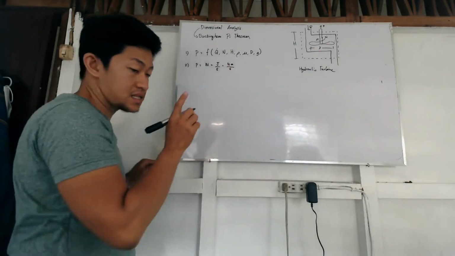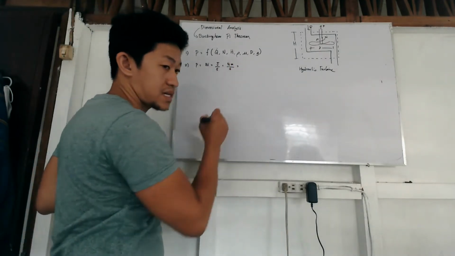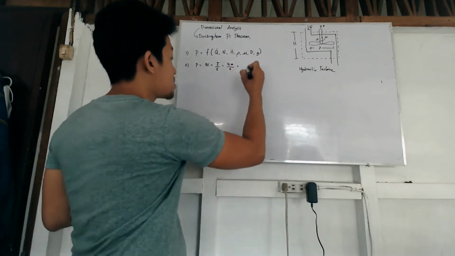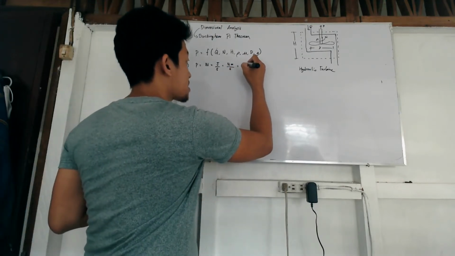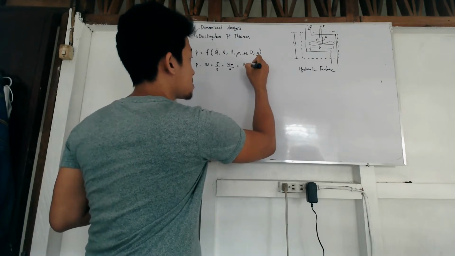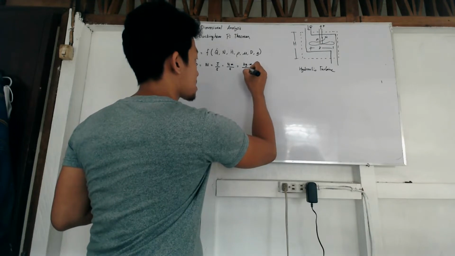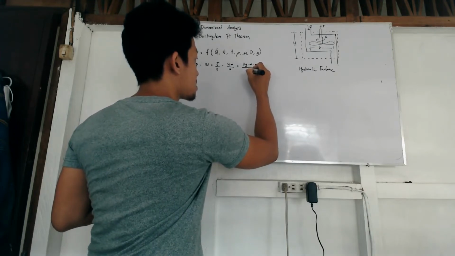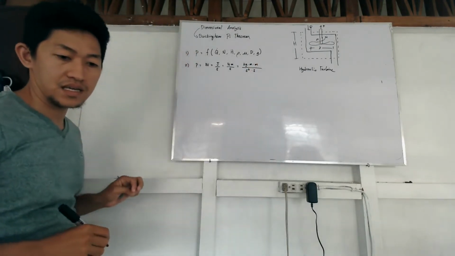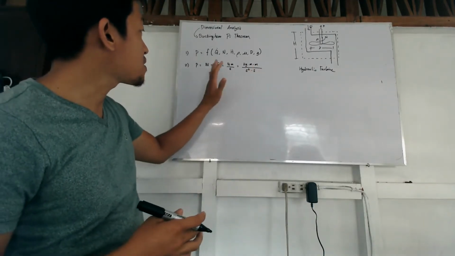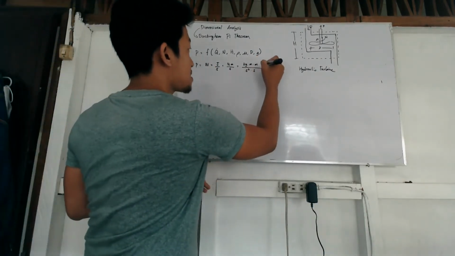But then again, the Newton can be reduced into the basic variables, which is kilogram meter times meter per second squared. Therefore, the fundamental unit of power is something with kilogram.